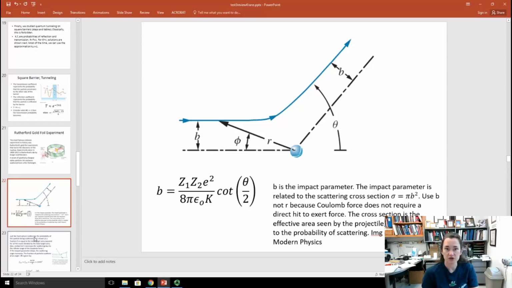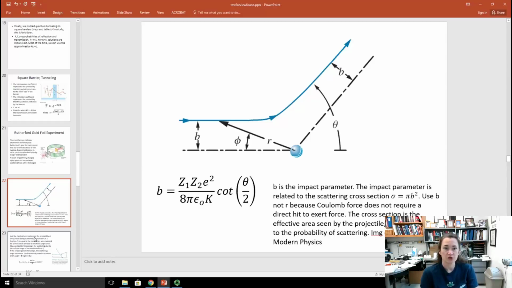First of all, he defined what's known as the impact parameter. In our textbook, we use b to symbolize the impact parameter. Okay? And the impact parameter is equal to Z1 times Z2 times e squared divided by 8 pi epsilon naught times K times the cotangent of theta over 2. Now, Z1 and Z2 are the atomic numbers of the projectile and the target nuclei, respectively.